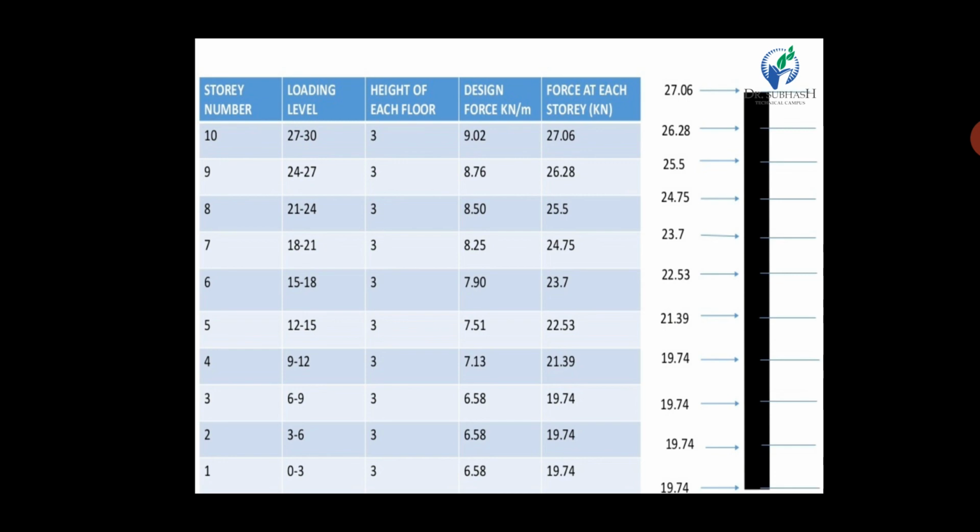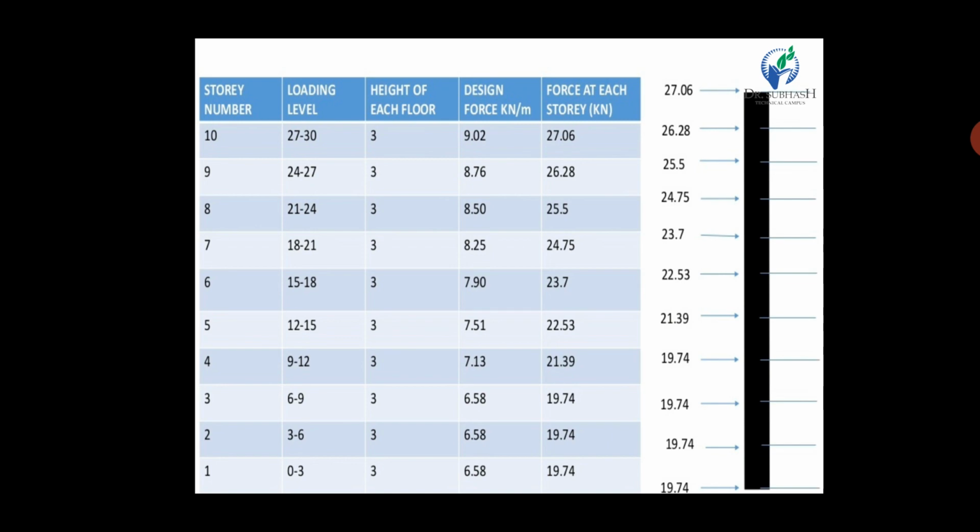Up to 10 meter, our stories 1, 2, 3 are the same, because for 0 to 10 the value is 6.5. After that you interpolate between 10 and 12. The value is 7.13, 12 to 15 is 7.5, 15 to 18 is 7.90, 18 to 20 is 8.20, 21 to 24 is 8.9, and finally 27 to 30 is 9.0.